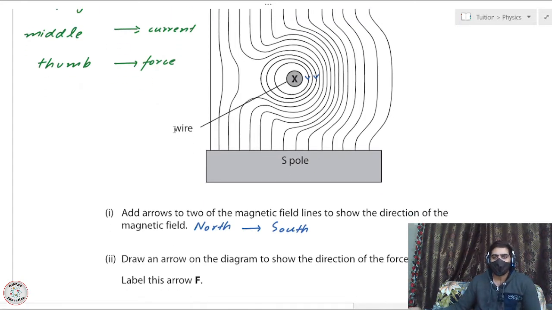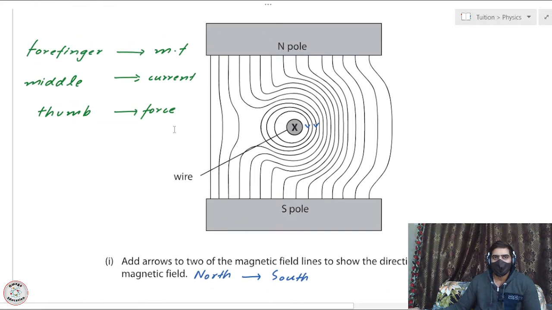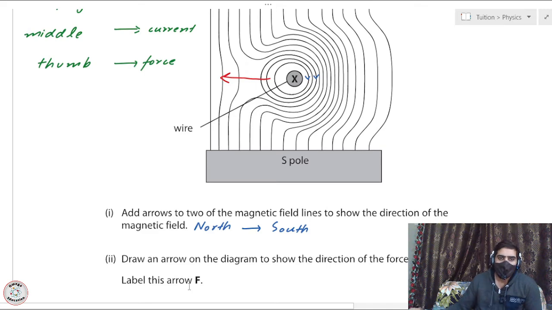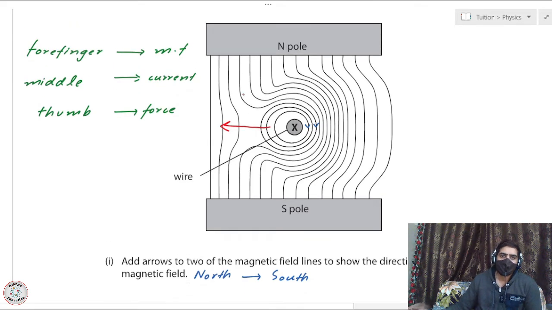If you stretch your 3 fingers in a way that they are perpendicular to each other, you'll find out that the force is directed towards the left. But then you have to label that force by F. So you can write F over here.